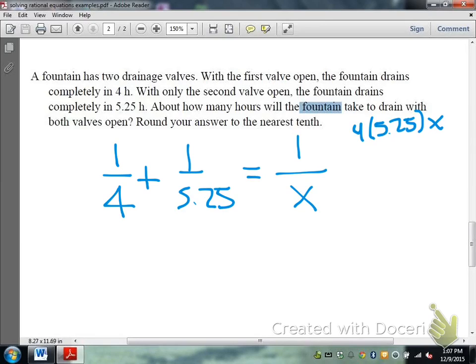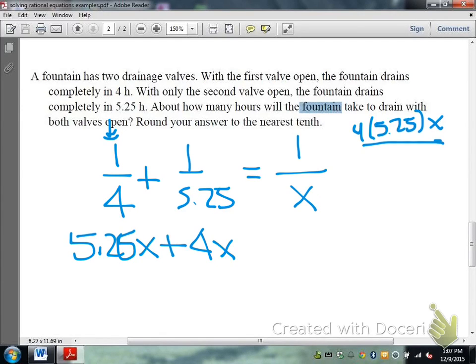When you multiply this first term, 1/4 times your LCM, think about what this denominator does not have that the LCM does. 5.25x. So this is going to be 5.25x. This, 4x.